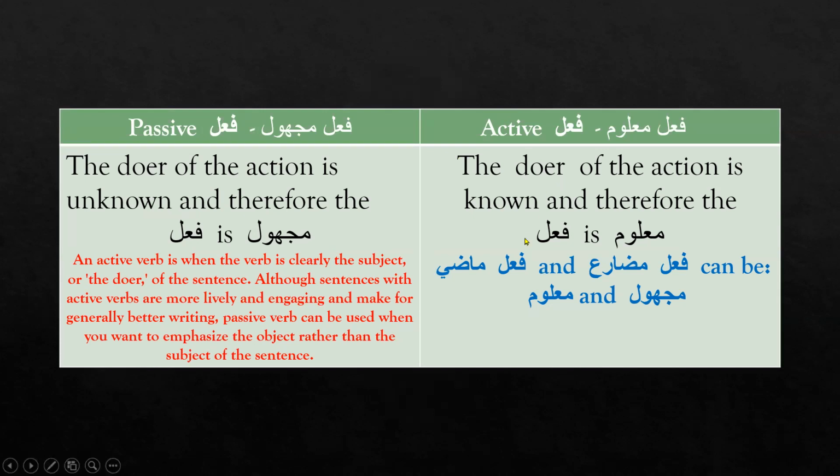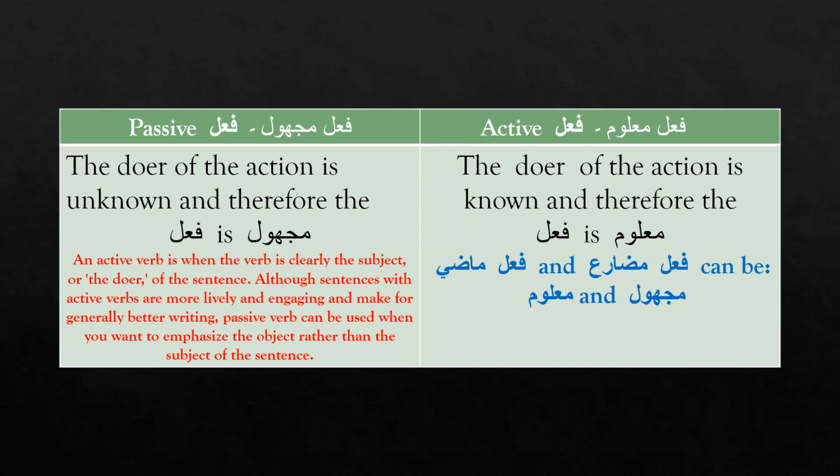Therefore, our fi'l will be ma'lum. What are its root letters? You can see here how to find the root letters: ain, lam, and mim are root letters from alima. From that, ma'lum has come out.